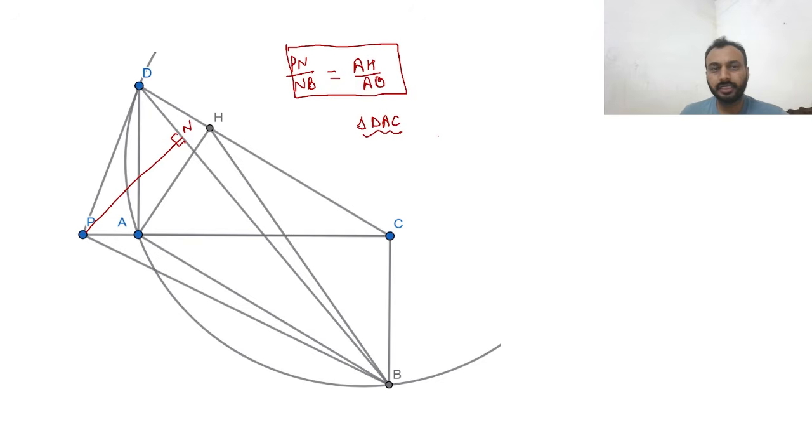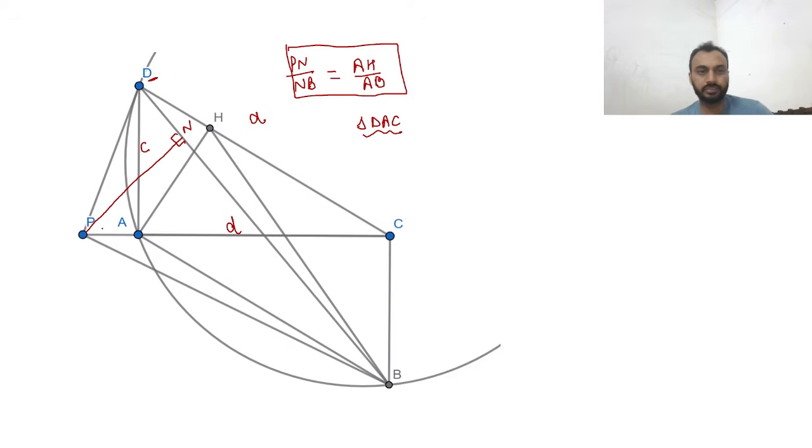I am representing the length AC as small d, as AC is opposite to the vertex capital D. This is small a, opposite to the vertex A, and AD we are assuming small c. So we name the sides a, d and c, opposite to the respective vertices.